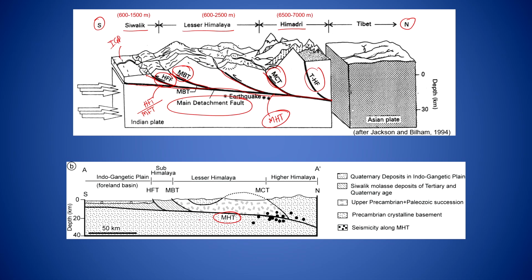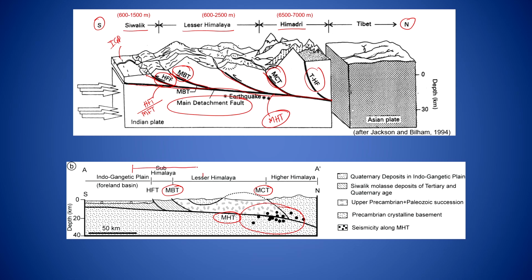Okay. So, overall seismicity, if we want to look at it, based on the GPS studies and the seismic recordings, shows that most of the seismicity has been seen active between the MBT and MCT, whereas this zone, they say, is locked.